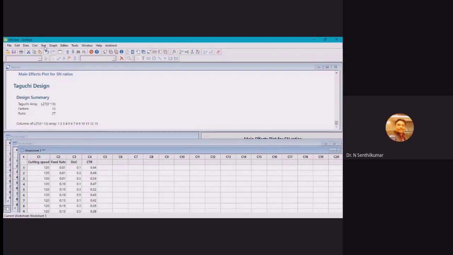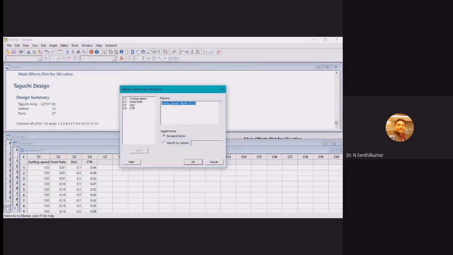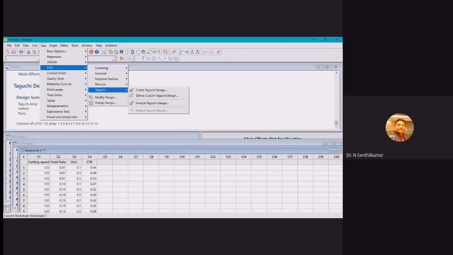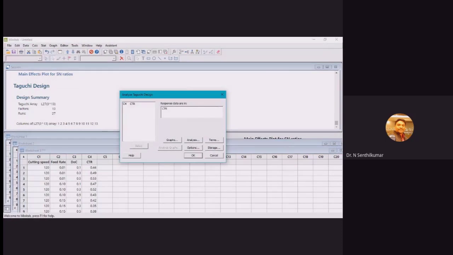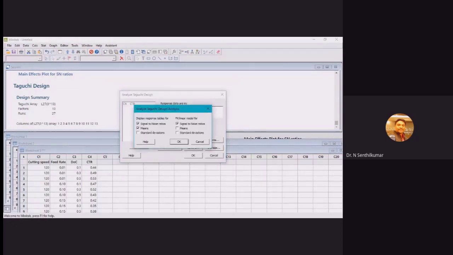That's why it is not coming. Then DOE, Taguchi, define. Then start DOE, Taguchi, analyze. Then graphs, SN ratio. Then analysis, signal to noise ratio. Then terms.